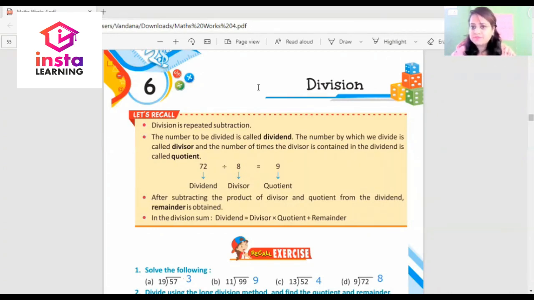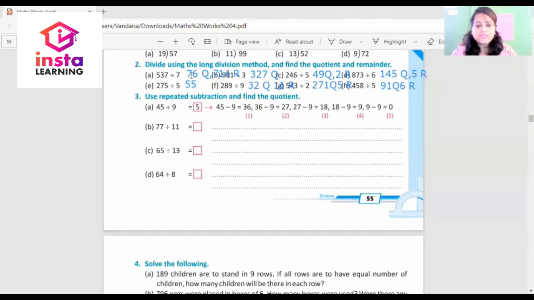Okay. Now, students, divide using the long division method and find the quotient and the remainder. You have to remember that there are two types of method: long division and short division method. In this chapter, you have to choose long division.